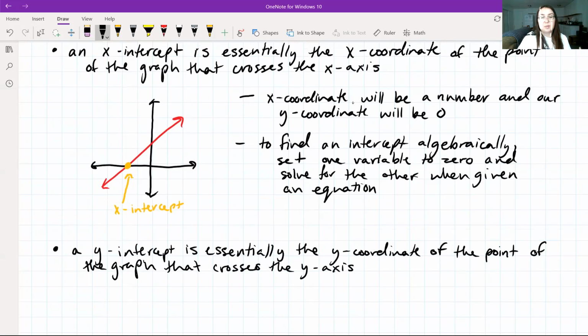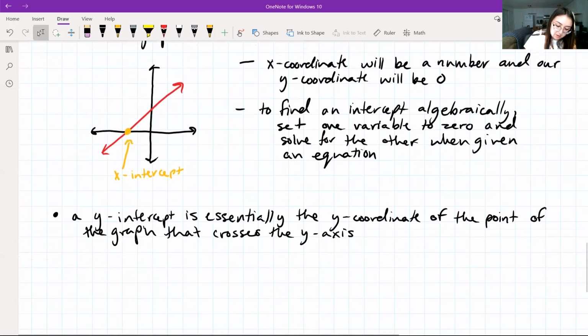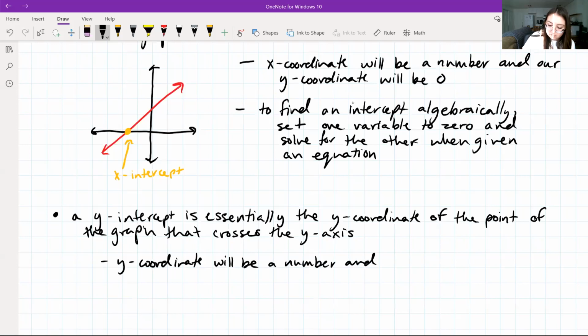So an x-intercept crosses the x-axis and the y-intercept crosses the y-axis. And everything is pretty much the same, just now you would switch x and y as we did before. So we would also say that the y-coordinate will be a number and the x-coordinate will be 0.